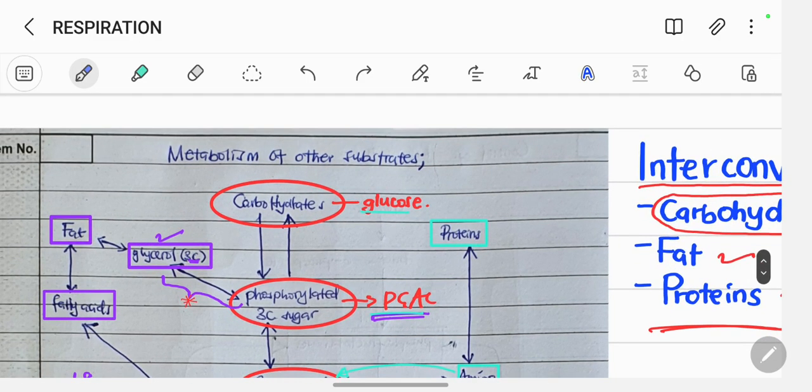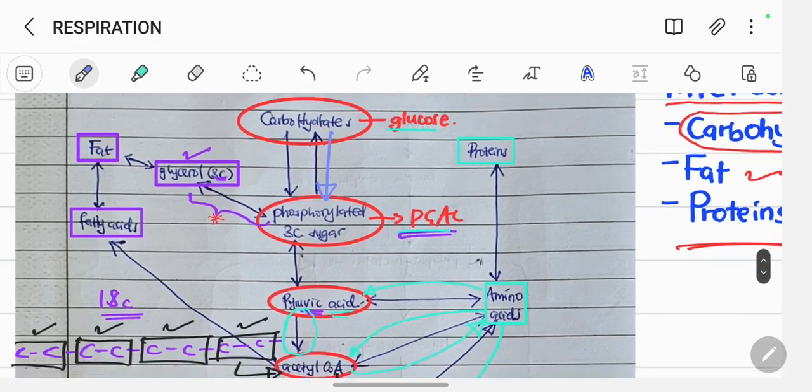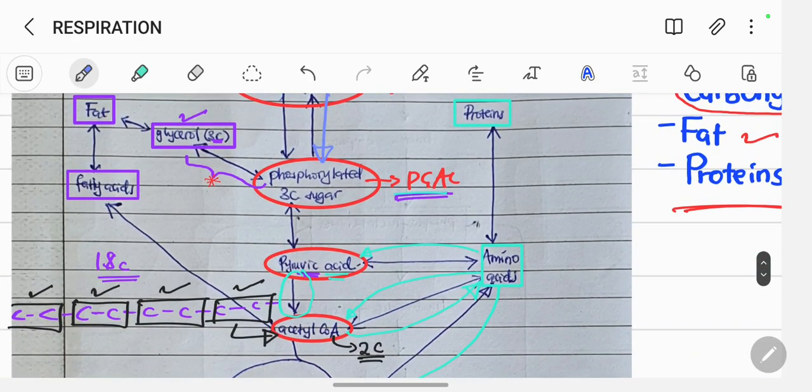So if maybe I'm having a certain amino acid in a deficient state, we can start from our carbohydrate to sugar, then from sugar to pyruvic acid, and from pyruvic acid we form the amino acid. Or, if it wants small modification, we go to acetyl-CoA, and from acetyl-CoA we can always form that amino acid.